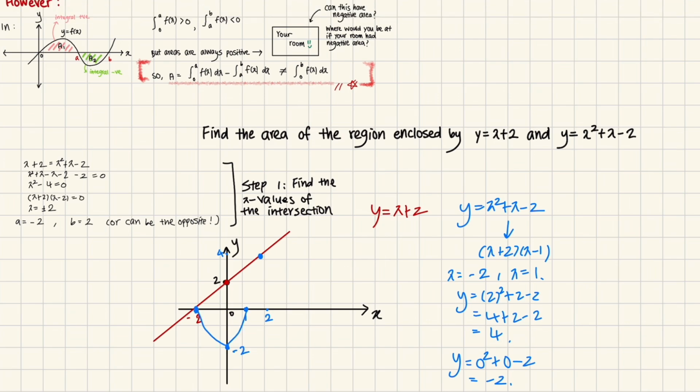So we can sketch something like this and that. And we're only interested in the area between when x is -2 and when x is 2. This domain, so that's only here.